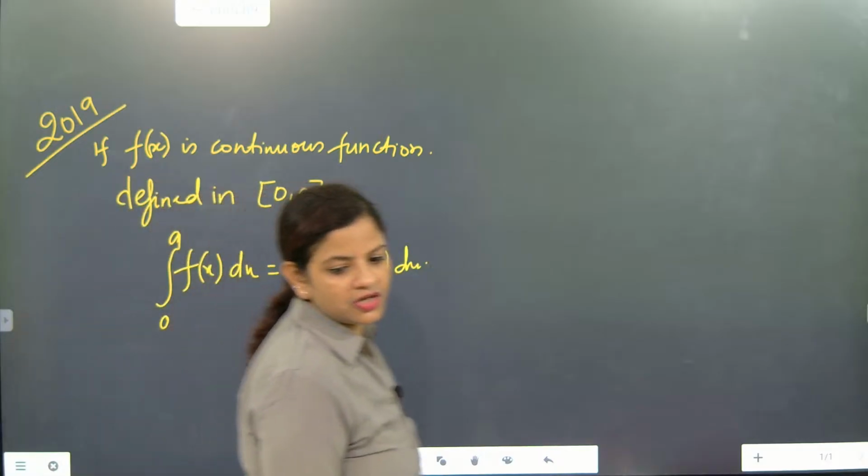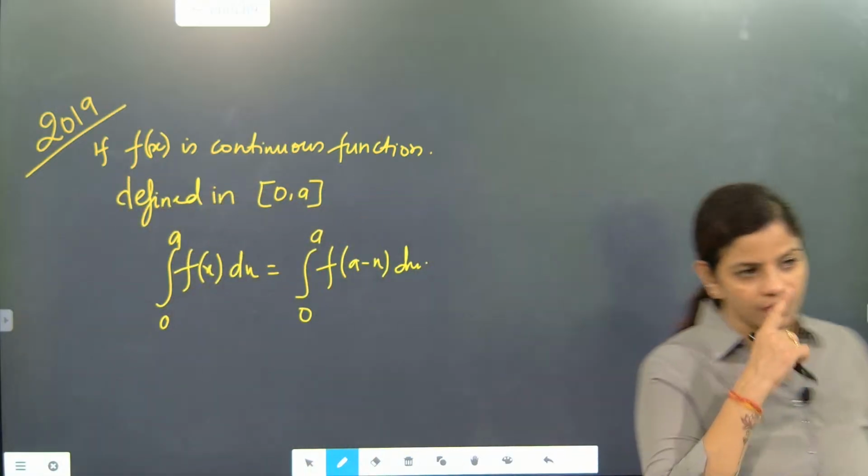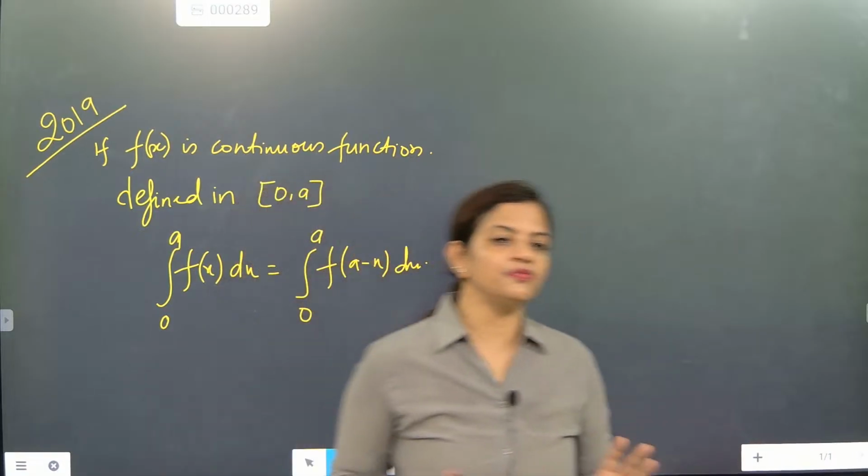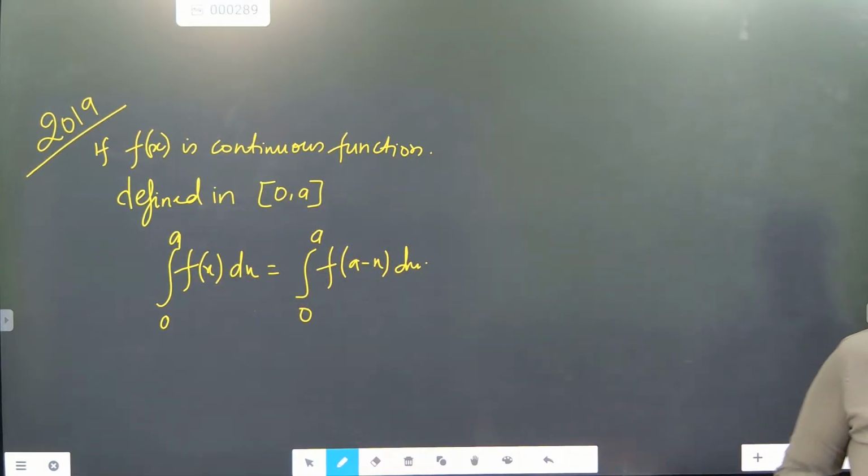This question came in the board exam 2019, a very important question for everyone. Because of this question, one of my students lost 1 mark and because of that she got only 99. So I will always remember this question from 2019.